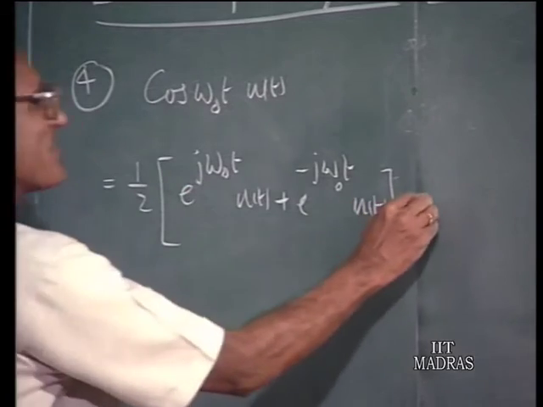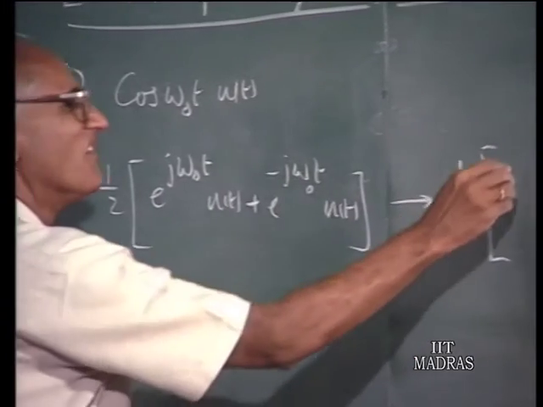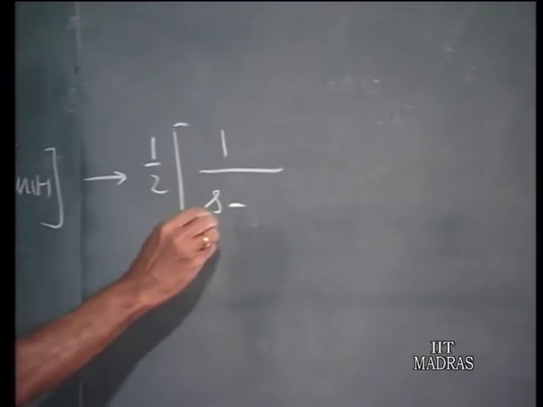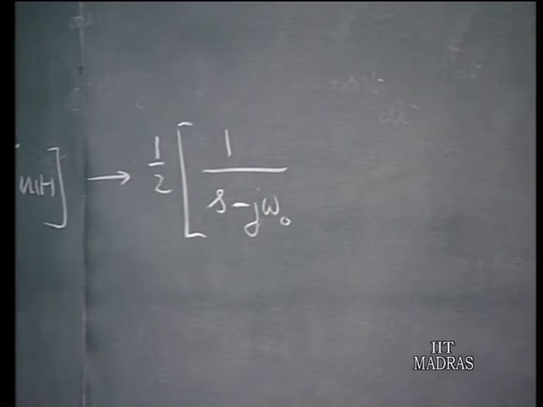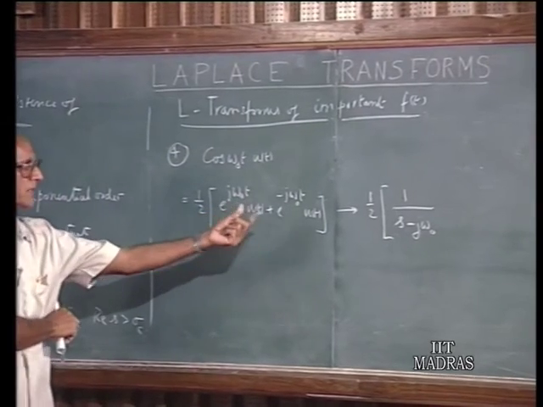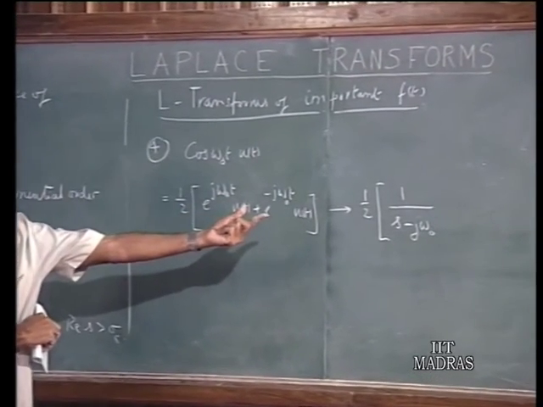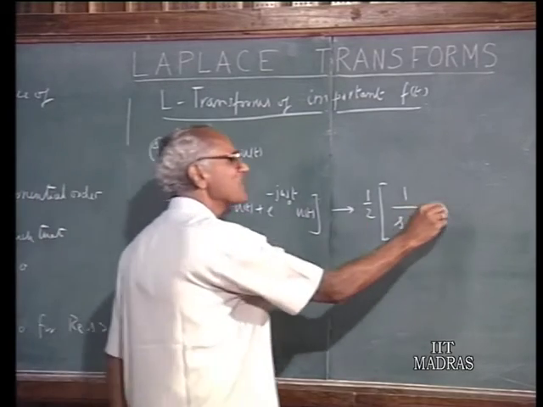Therefore, the Laplace transformation of that would be 1/2 of 1 over s minus j omega naught, because e to the power of minus z t had the Laplace transformation 1 over s plus z. Instead of minus z you have j omega naught. Therefore, you have s minus j omega naught, and the Laplace transformation of the other term would be 1 over s plus j omega naught.